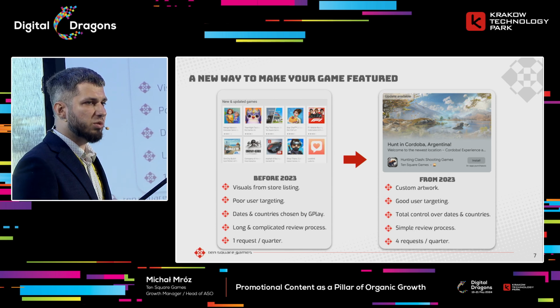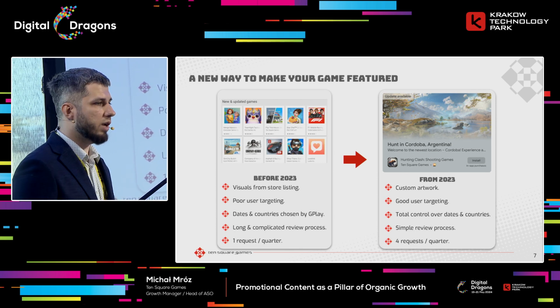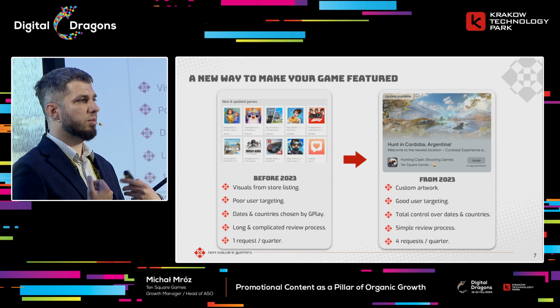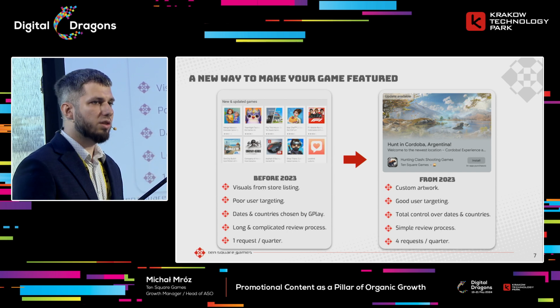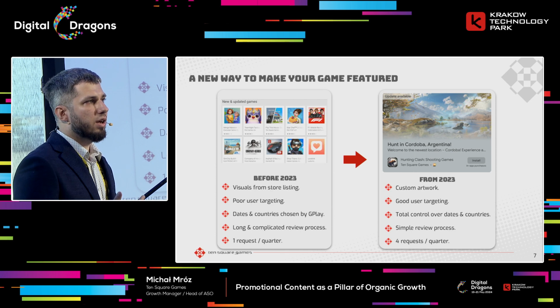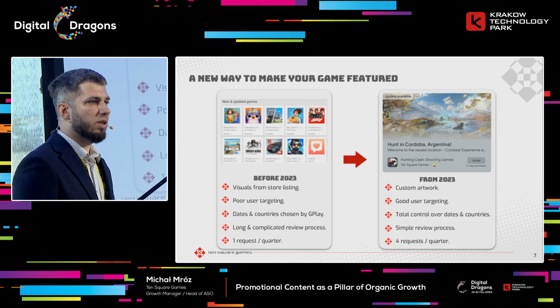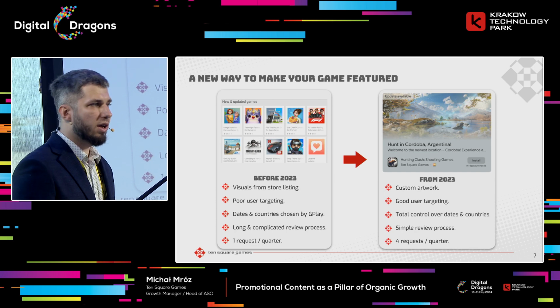And targeting is much better, because right now you can see it on many different surfaces, and you are targeted by your interests and by the games that you have owned in the past. They target you because you liked something or you searched for something. So in general, targeting is much better.